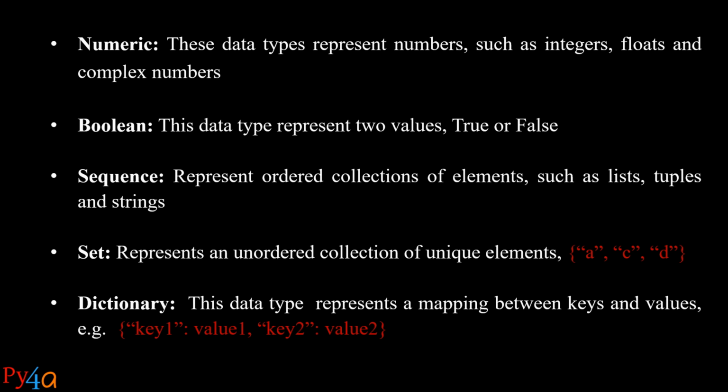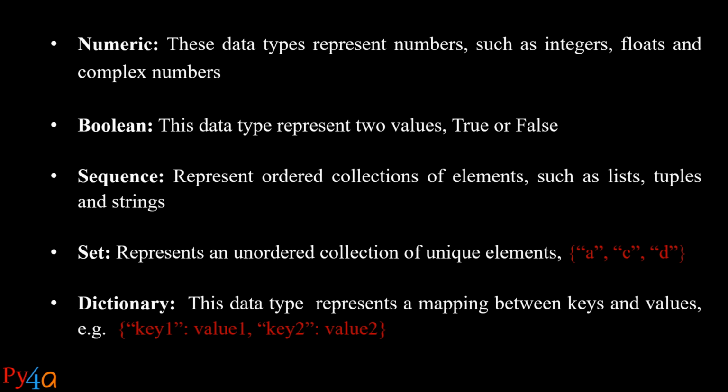The dictionary represents a mapping between keys and values. For example, every element of a dictionary has a mapping from a key to a corresponding value. Also, you can see here that the dictionary is also designated with curly or brace brackets.